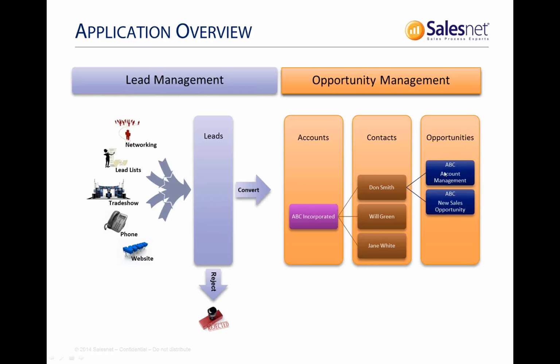And then you could have multiple opportunities that each contact could be involved with. Okay, so they truly are linked together, and you want that information. You want contacts linked to accounts so that you can get that full reporting across the board, all the way from account, contact, to opportunity.